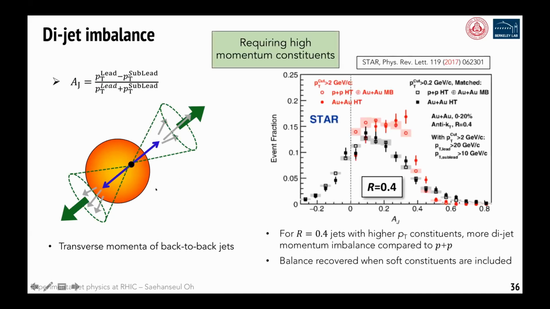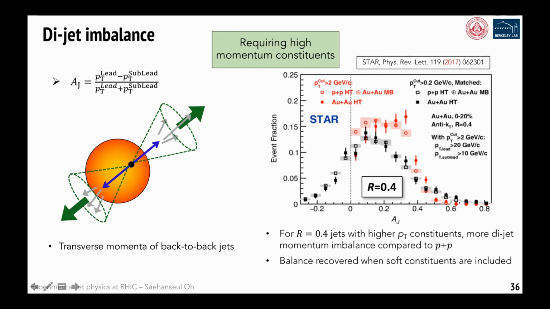So these are the results. The black dots are from PP embedded into the heavy ion environment, and red is from heavy ion. And they do show different results at RHIC 0.4. In this measurement, we require a high pT constituent to identify jets from the hard scattering.